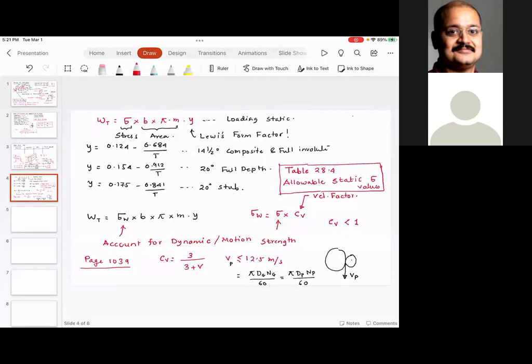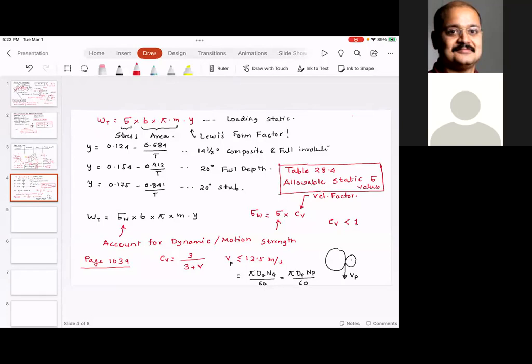If you look at them, it gives you values for cast iron, medium grade, highest grade, untreated, all that type of stuff. Can you see that these are the allowable static stress values? Everyone understood this?